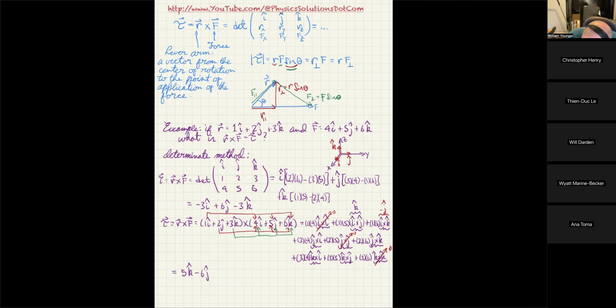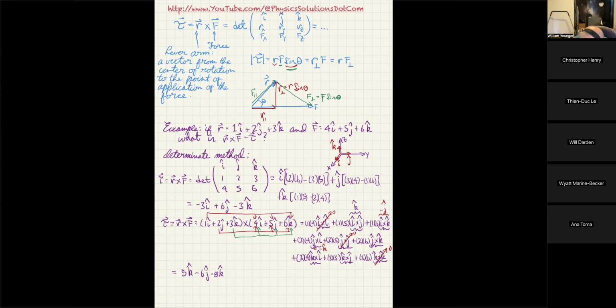j hat. Now 2 times 4 is 8, and j hat cross i hat is the negative of i hat cross j hat. So we know j hat cross i hat is negative k hat. So in this case, 2 times 4 is 8, and this gives me negative 8 k hat.